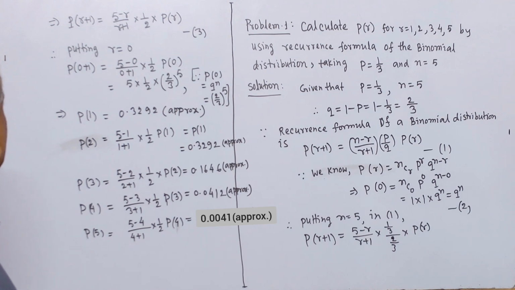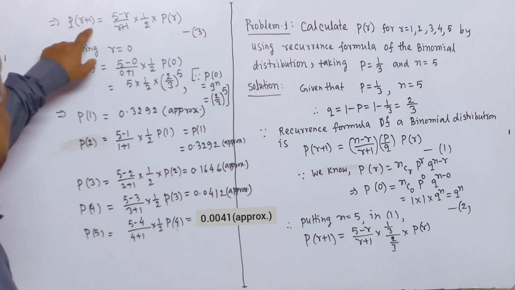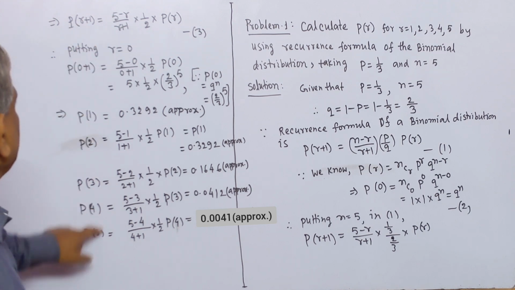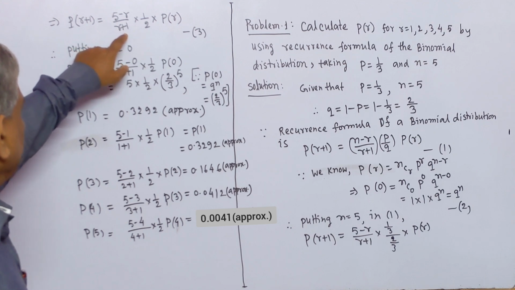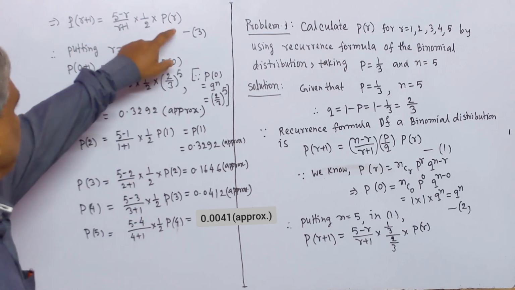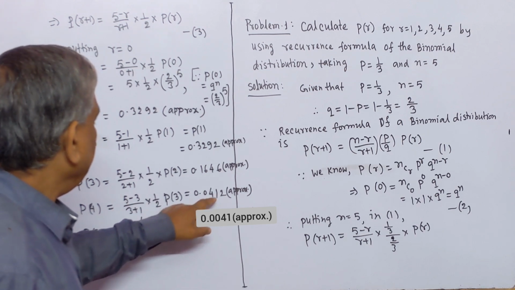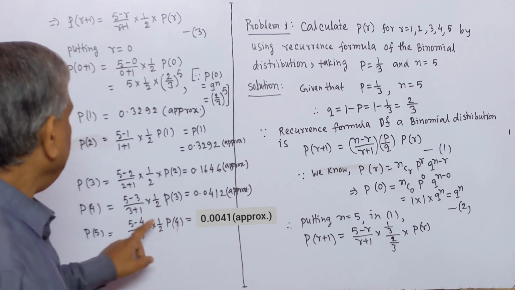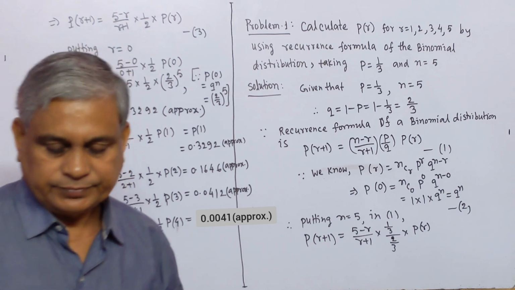Now putting r equal to 4, P(4 plus 1), 5, P5, (5 minus 4) by (4 plus 1), half P4. Here value of P4 is this, and we put this value here and we get the result. So our problem is solved.